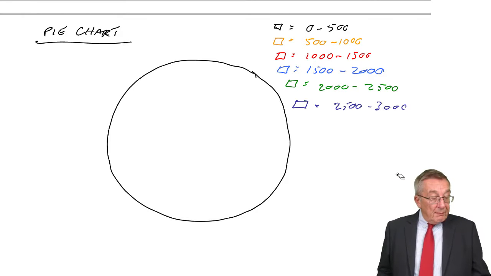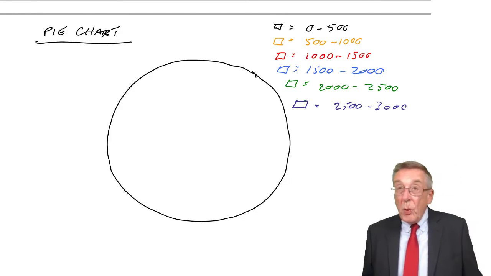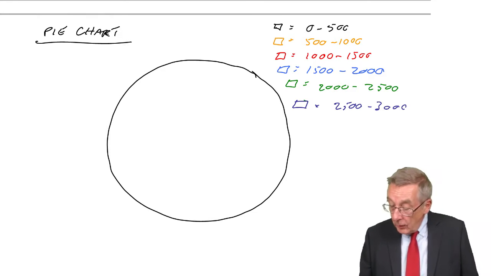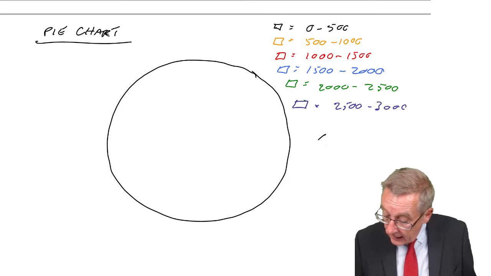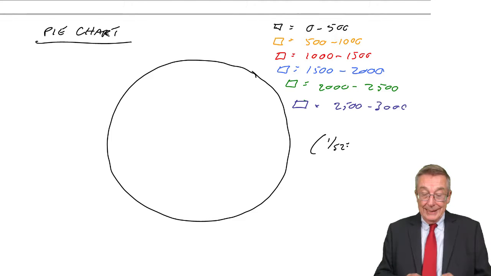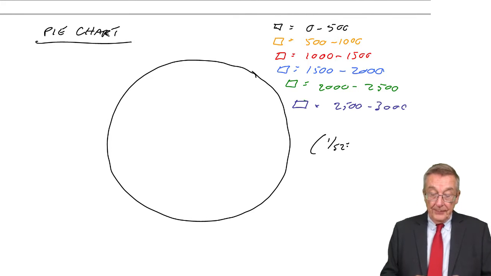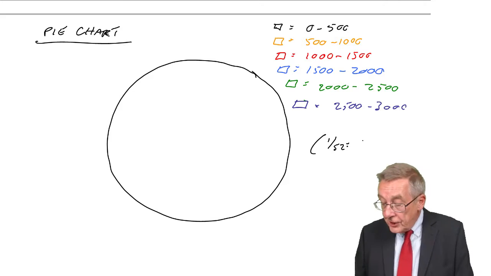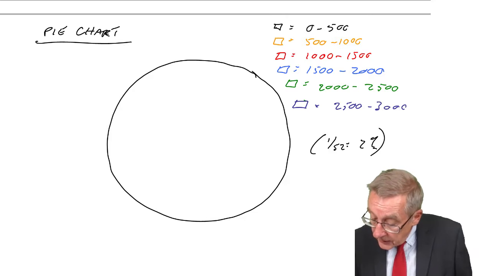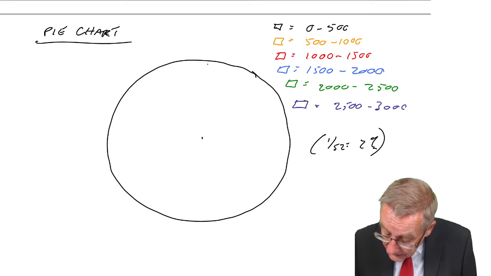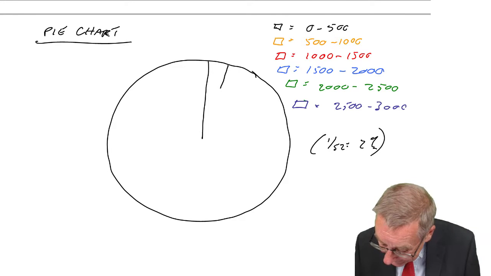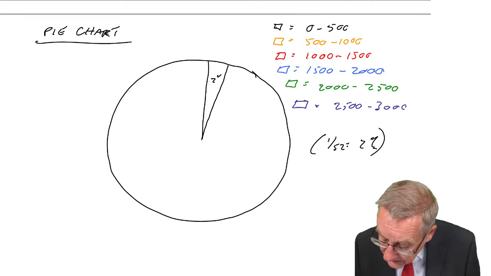And so 0 to 500, the frequency was 1. And it's 1 out of 52. And what percent is that? 1 out of 52 is, where's my calculator? It's just under 2%. And so what I do is I do a slice of this circle which is 2% of the total.